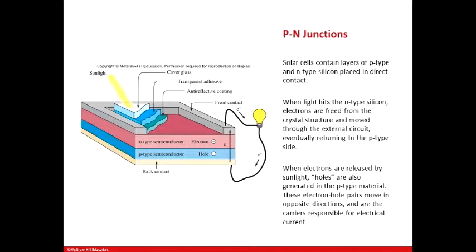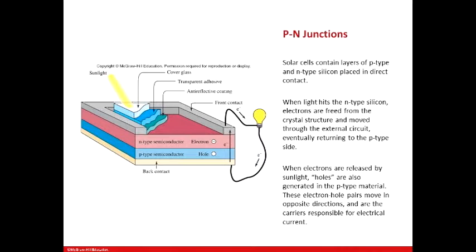And so here we create what's called P-N junctions. Solar cells contain layers of P-type and N-type silicon placed in direct contact, and we basically build these layers. You see here we have the P-type hole and N-type electron, sandwiched together.